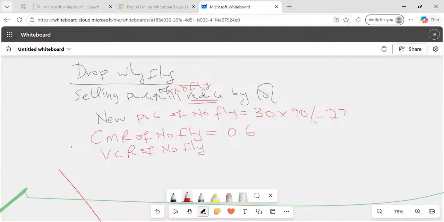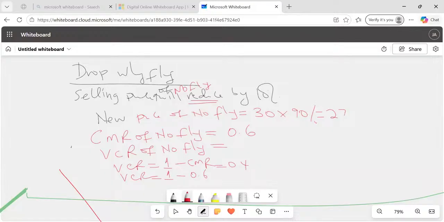Remember, CMR and the variable cost ratio must always add up to 1. So VCR will be 1 minus CMR. My VCR for no fly will be 1 minus the CMR of 0.6, which gives me 0.4.